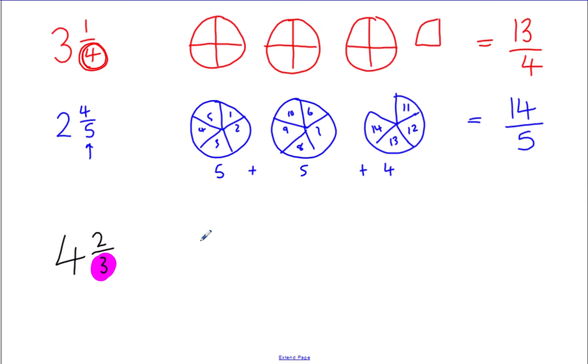So we've definitely got 12 plus the extra 2 makes 14 thirds. Okay, so it's 4 times 3 because we're working in thirds, and then add on the numerator as the spares at the end, the extra ones. So 4 times 3, add on the 2.